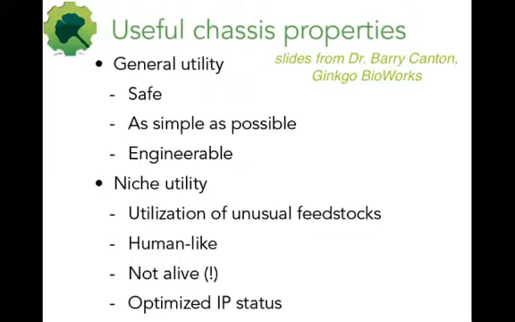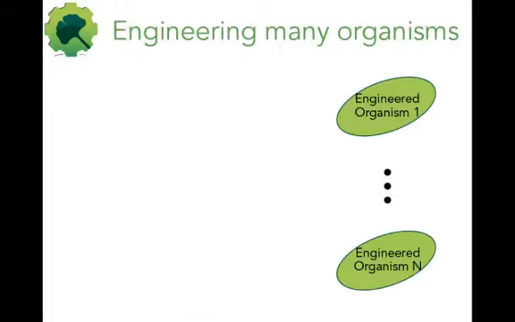So the first approach to engineering a chassis will be by starting with something close. What I mean by that is if you have a bunch of organisms you would like to engineer called organism 1, 2, 3, dot, dot, dot, all the way to engineered organism N. So a whole slew of these.